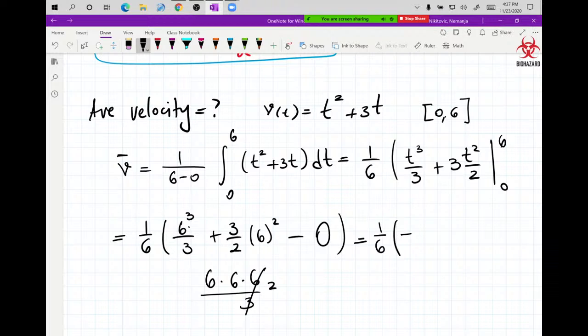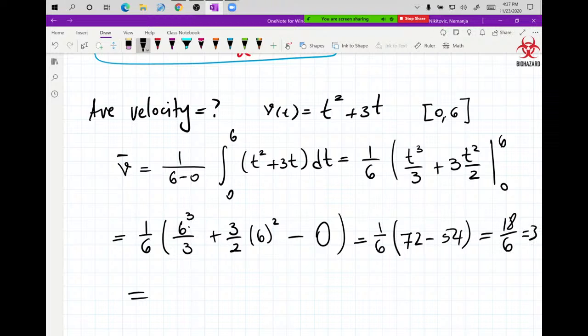So that's a 72 minus, and over here you have 3 times 6 over 2, so that cancels there. And you get 3 times 3 is 9, times 6 is 54. I just want to use the calculator. Faster this way. So 72 minus 54 is 18 over 6, the whole thing is 3.